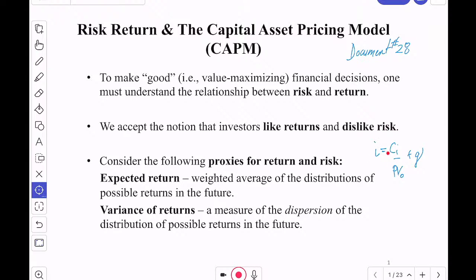This is one way to find I, but I'm going to teach you another way to estimate the rates that you should use for valuation. The other method is called the capital asset pricing model. And to arrive there, we have to do a variety of things. Has anybody learned the capital asset pricing model before?